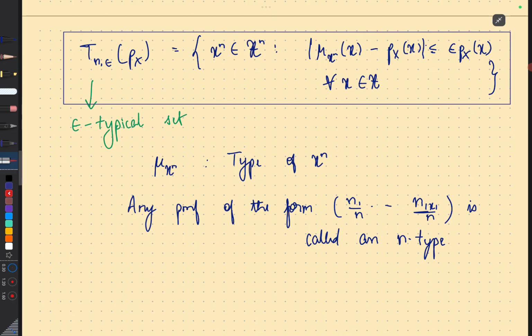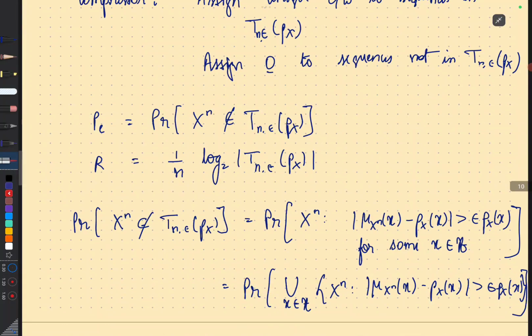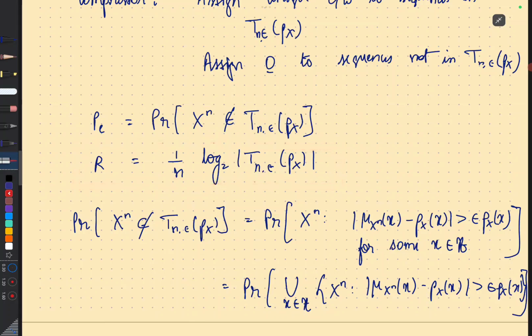Basically, now you construct a table of all possible sequences in the epsilon typical set, and you assign code words for each of those sequences. And if it does not lie in this particular epsilon typical set, then that particular source sequence gets assigned the all zeros code word. So an error occurs only if the sequence is not epsilon typical, right? And the rate that you require is basically 1 over n times log of the size of the epsilon typical set.